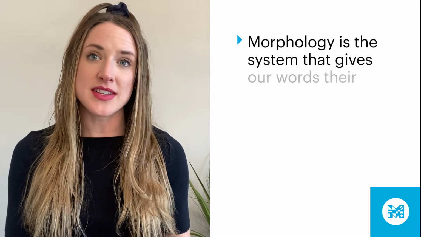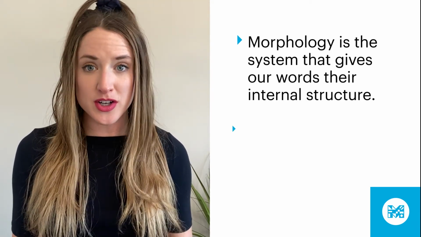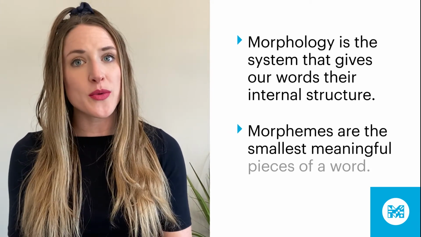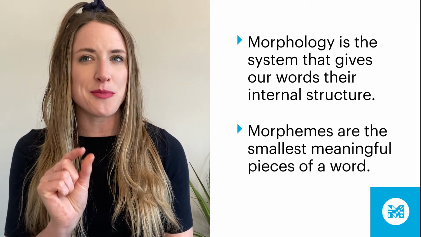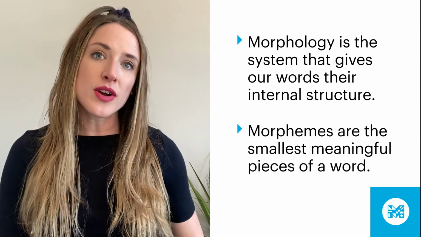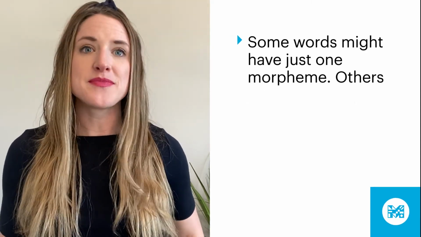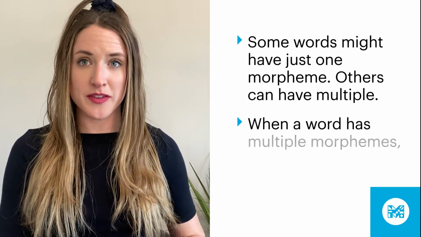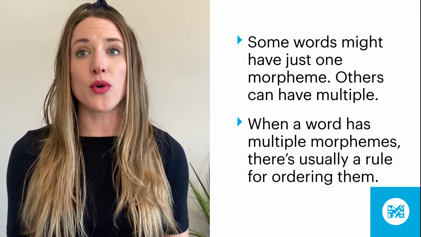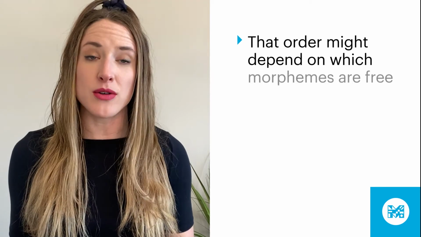Well, there you have it. We covered a lot in today's video, so let's do a final recap. So, morphology is the name for the system that gives our words their internal structure. And morphemes are what we call the smallest meaningful pieces of a word. Now, some words might have just one morpheme. Others can be made up of multiple. And when a word has multiple morphemes, there's usually a rule for how we order them. And that might depend on which morphemes are free versus bound.